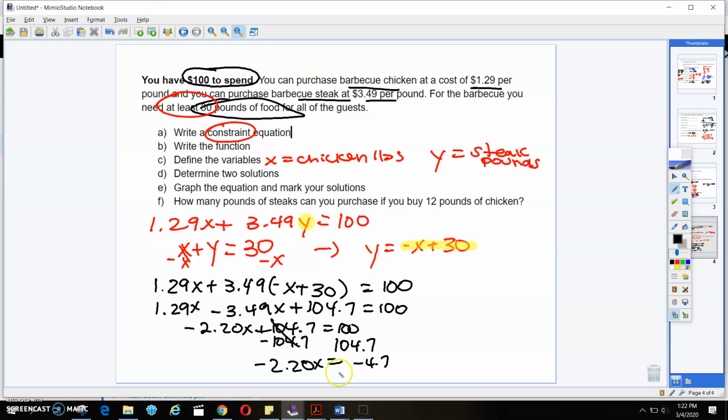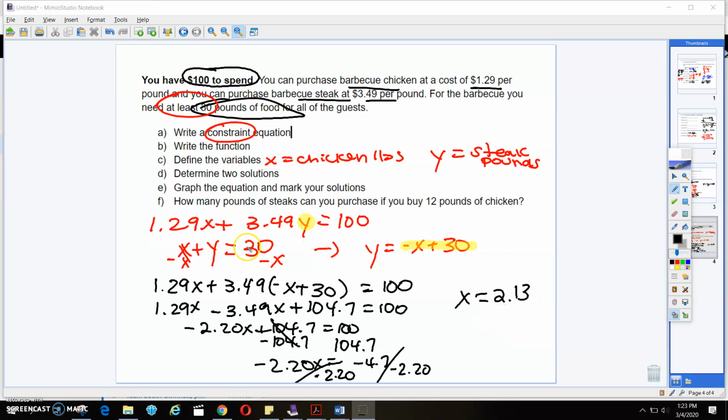I'm going to divide both sides by negative 2.20, and x is going to equal 2.13, because I'm not going to round up, otherwise I'd go over my constraint.